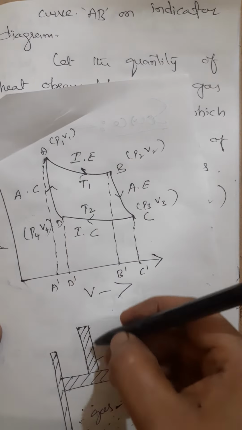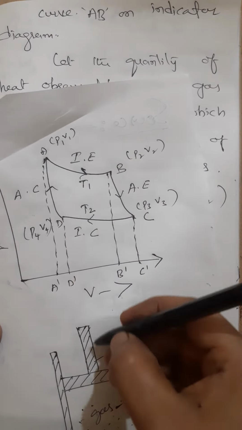All of you know that heat energy is converted into work done. Work done is force into displacement. In terms of gases, we can write it in terms of pressure and change in volume, from V1 to V2, so W is the integral of P dV.